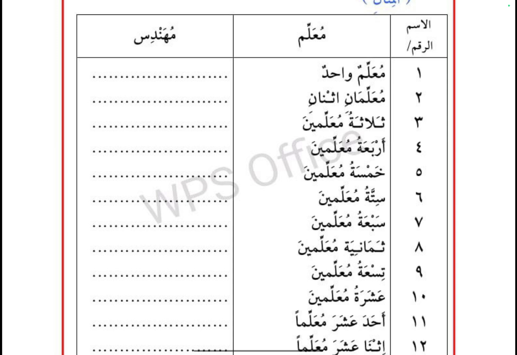And then the number switches from after the noun. الرقم تقدم في نهاية الجملة. Before it was معلم واحد, معلمان اثنان, and now the number comes تقدم الاسم. It comes in front of the noun. الرقم يقدم الاسم.